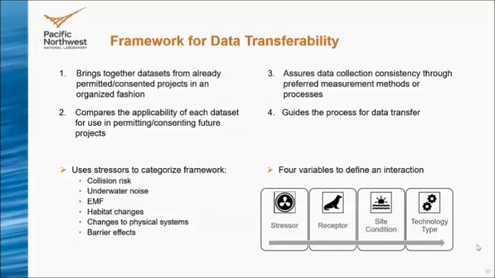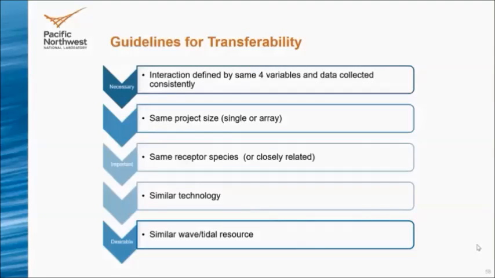And so if you move on to the next slide, please, I'll briefly talk about the guidelines for data transferability that range from guidelines that are necessary and then scale down as you go down this list of things that would just be really nice to have in order to transfer data from one project to the next. So starting at the top, we believe it's necessary that in order to transfer data from an already permitted, consented site to a future project, the interaction that you're looking at be defined by the same 4 variables.